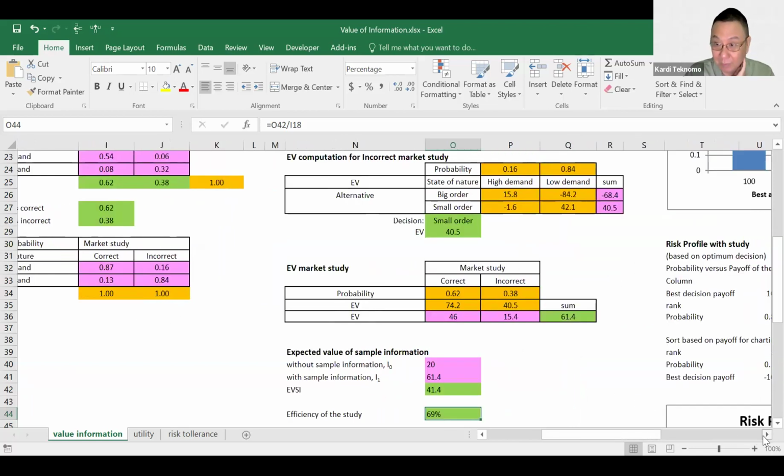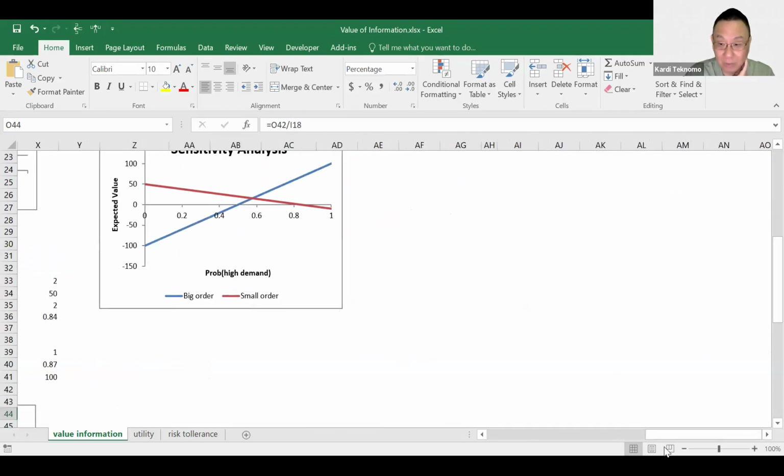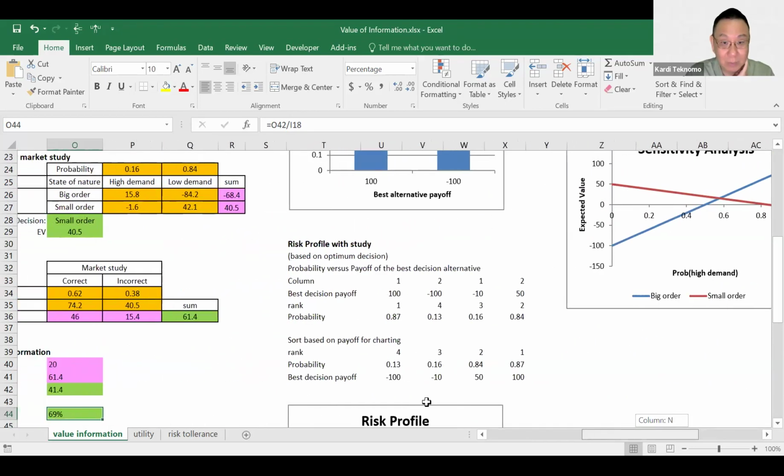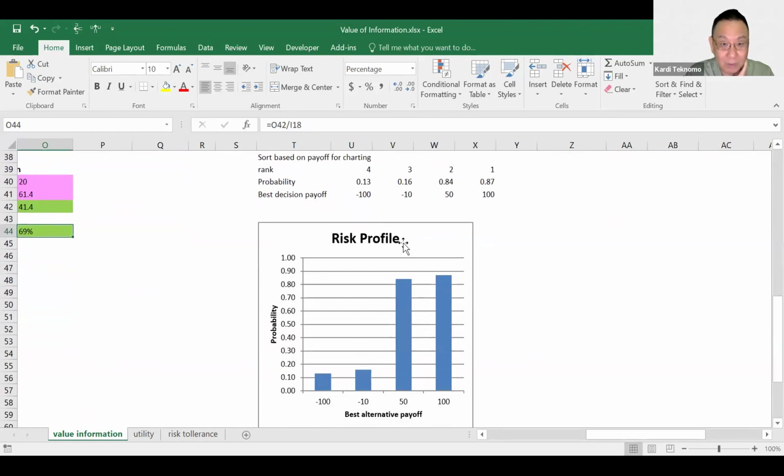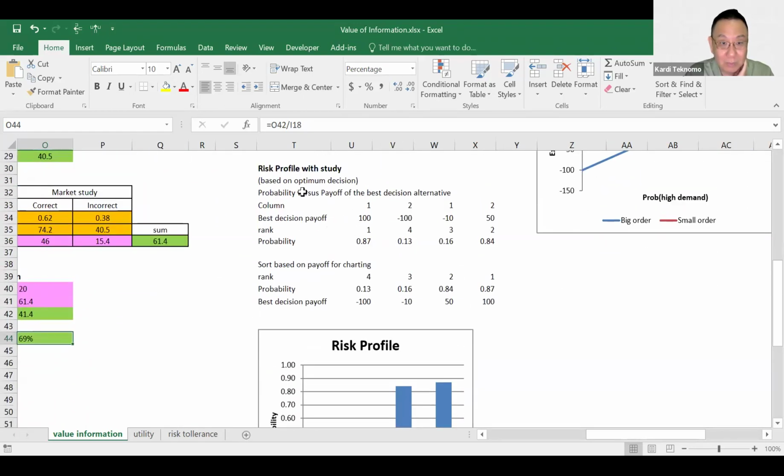Yeah. From there you can compute the risk profile. You can compute the risk profile because you already know based on the decision. Okay, then you just get everything there. Yeah. Based on the matching.